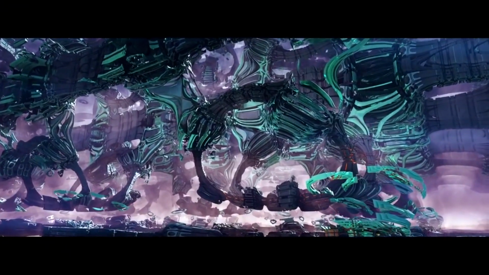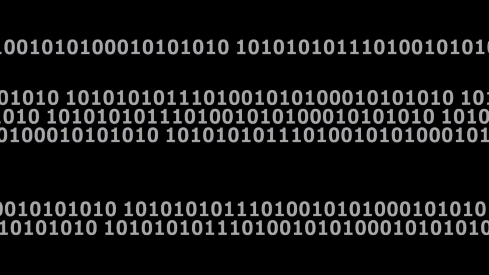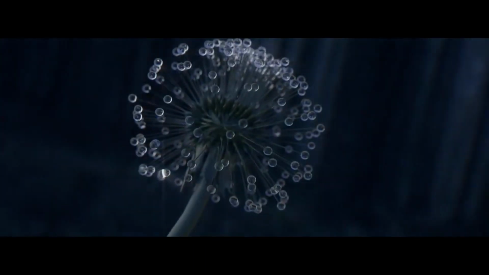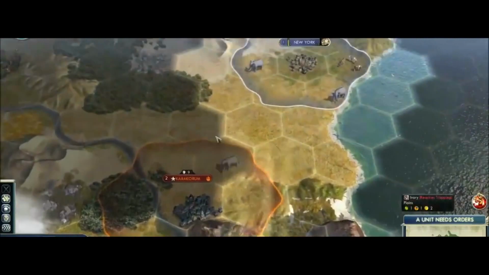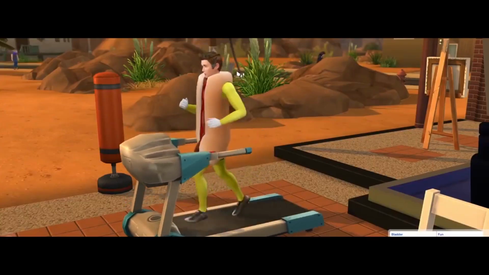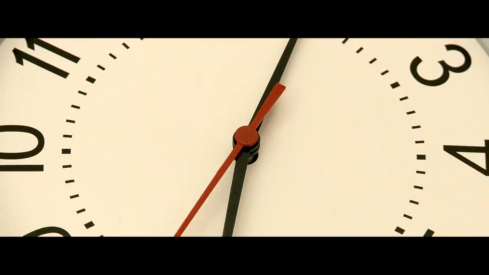The matrix hypothesis assumes that the speed of light is a product of information processing. That is, the world is being updated at a certain rate. It's 1 trillion times faster than any of our supercomputers now, but the principle is the same. Time slows down with an increase in speed, because virtual reality depends on virtual time, each processing cycle is one tick.